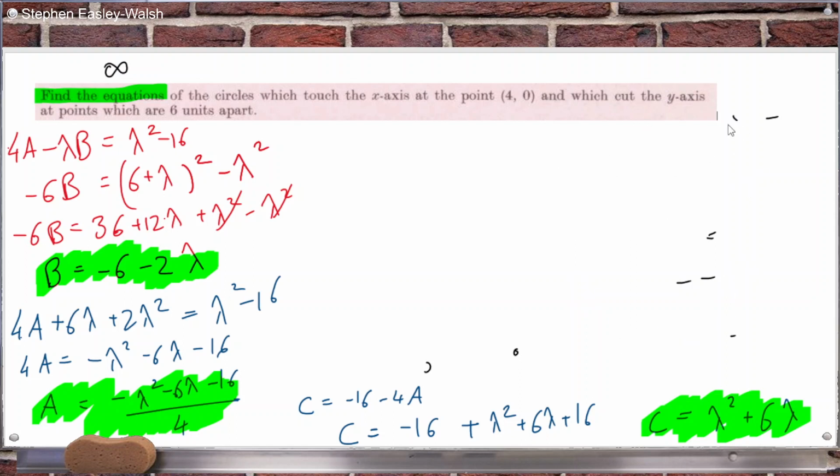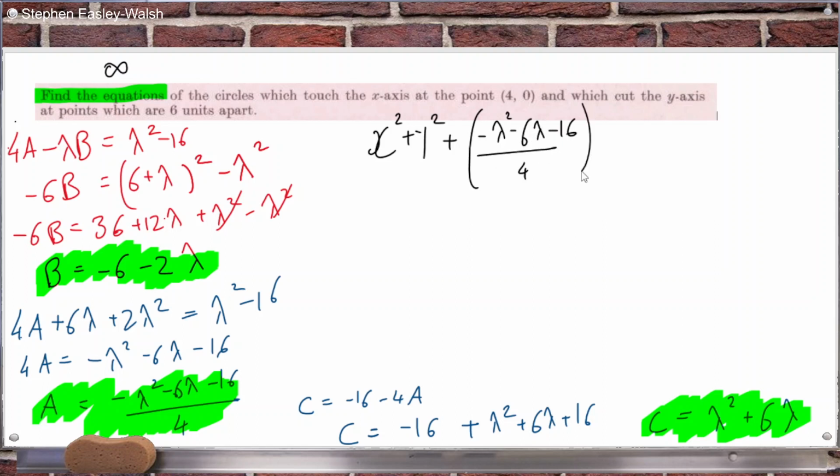So the equation is going to be x squared plus y squared plus (minus lambda squared minus 6 lambda minus 16) over 4 times x plus (minus 6 minus 2 lambda) times y plus lambda squared plus 6 lambda equals 0. And lambda is any real number.